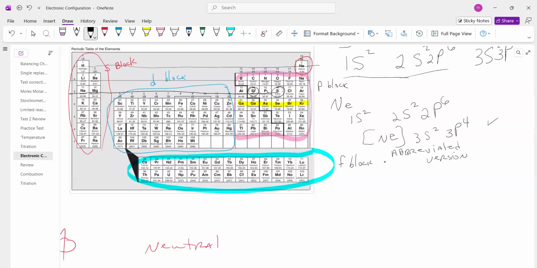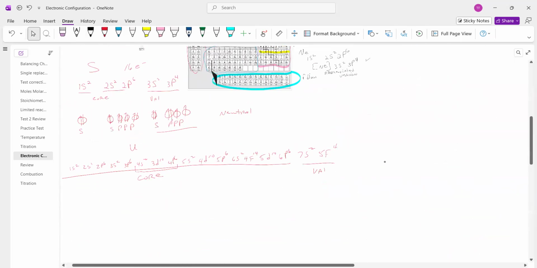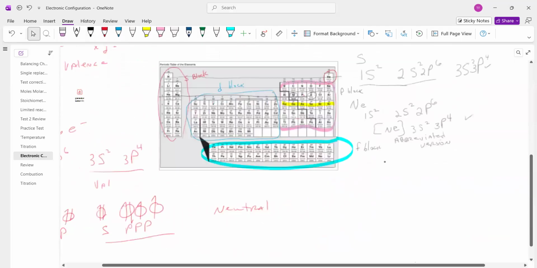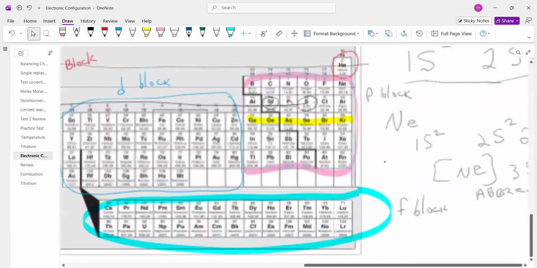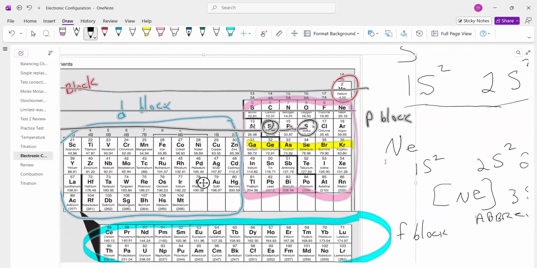Okay, silicon's got 14 electrons. So what's the nearest noble gas? You go up a row to the end, that's neon. So here's silicon, we go up a row and over to the right, neon.